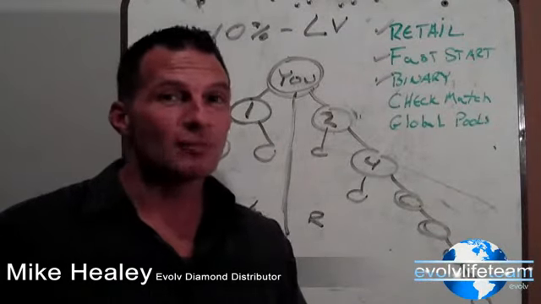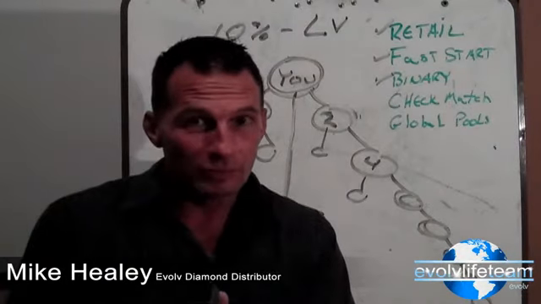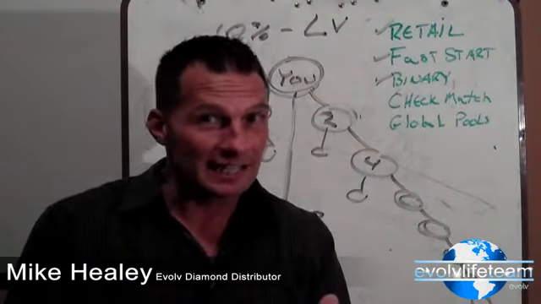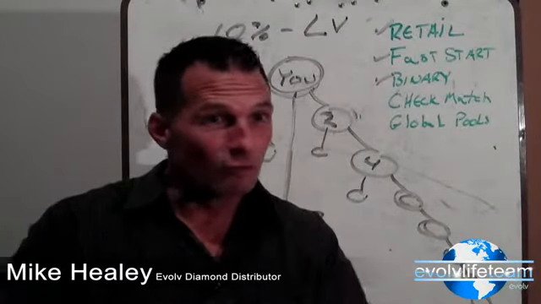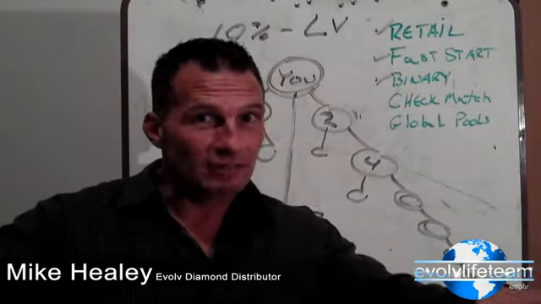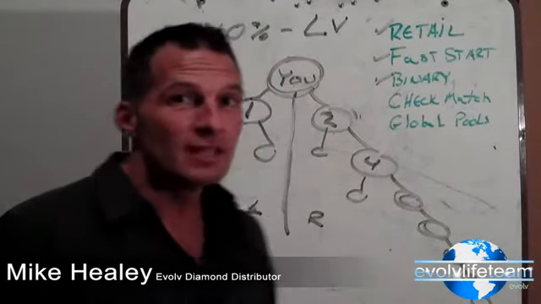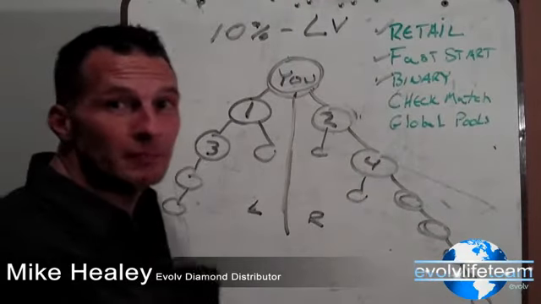If you think of how many people, all they have to do is get one on this side, one on this side, and they get a check, and you're getting an override off of hundreds, thousands, tens of thousands of people. That money can be obnoxious.